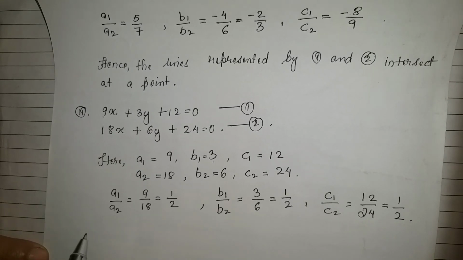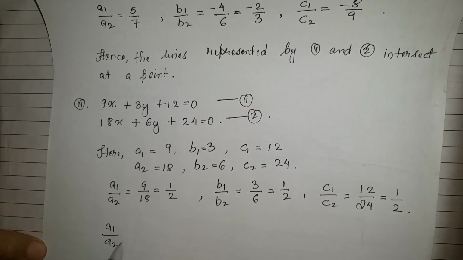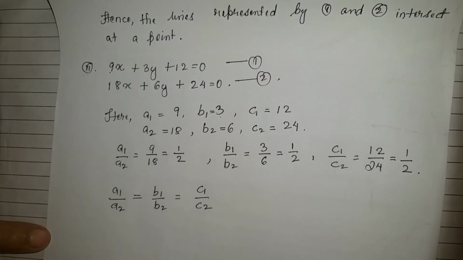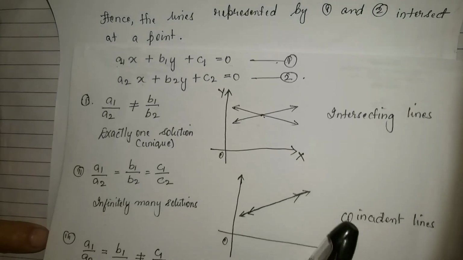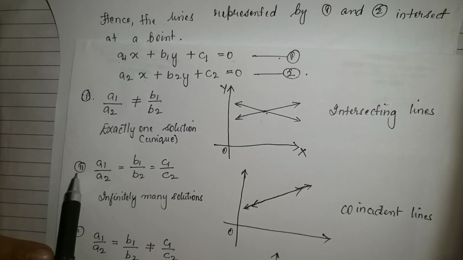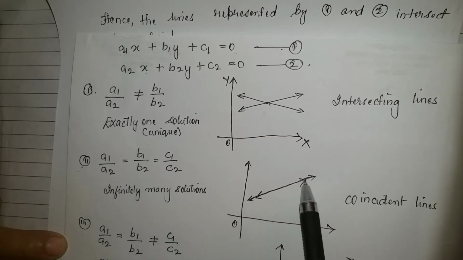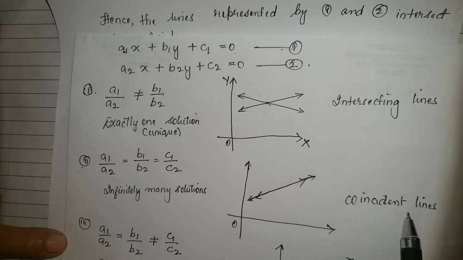Here, a1 by a2 is equal to b1 by b2 is equal to c1 by c2. So looking from here, we are having the second case. We are going to get infinitely many solutions, and the two lines will form coincident lines.